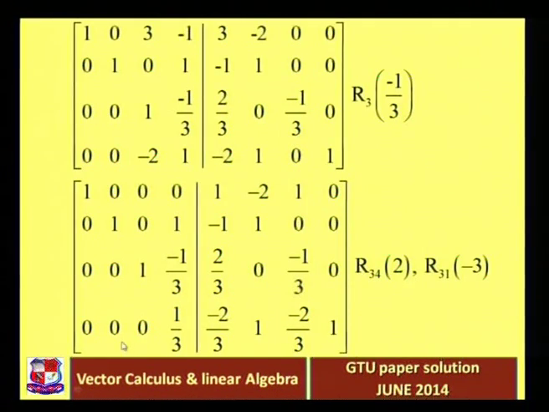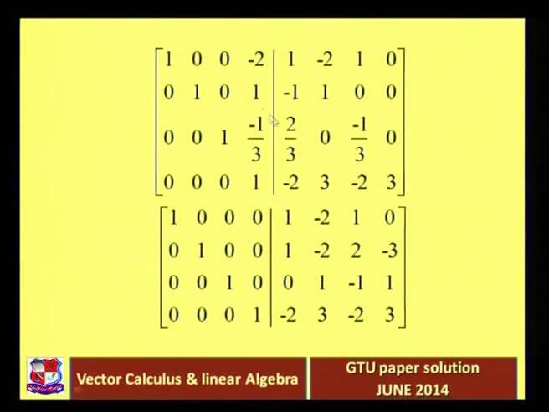So the fourth row becomes 0 0 0 1, minus 2 3, minus 2 3, minus 2 3, minus 2 3. The other rows are as they are: 1 0 0, minus 2 1, minus 2 1 0, right, 0 1 0 1, minus 1 1 0 0, and this is 0 0 1, minus 1 by 3, 2 by 3 0, minus 1 by 3 0.